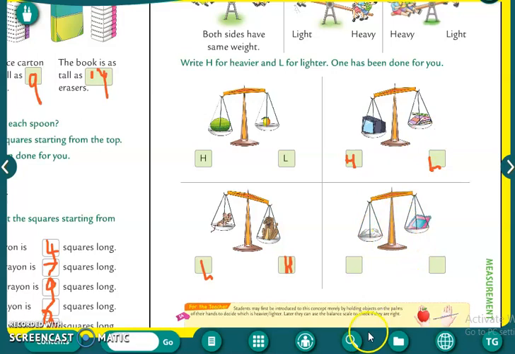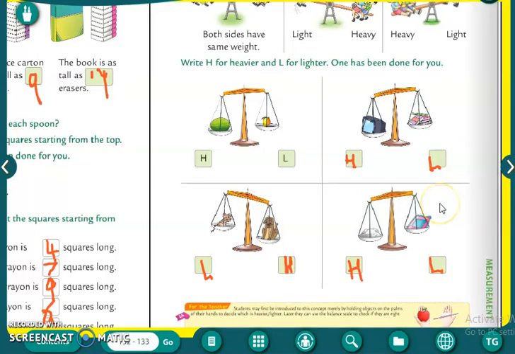I think this is a pillow, and then there is some powder substance, like some salt. So this is heavier, so we will write H over here because it is down. And this one is upward, so this will be lighter, so we will write L over here.